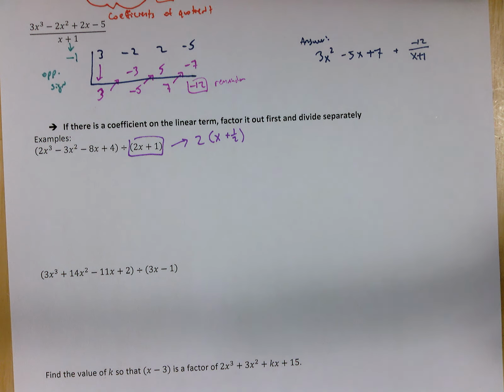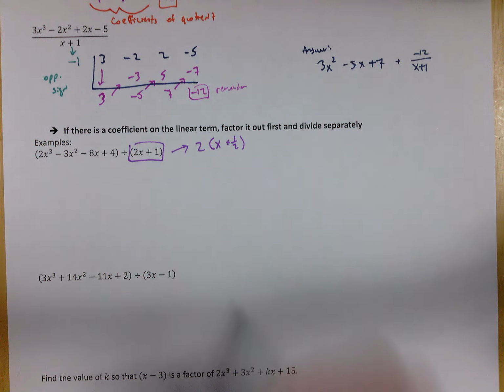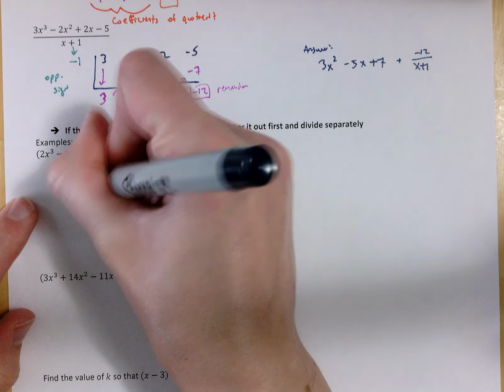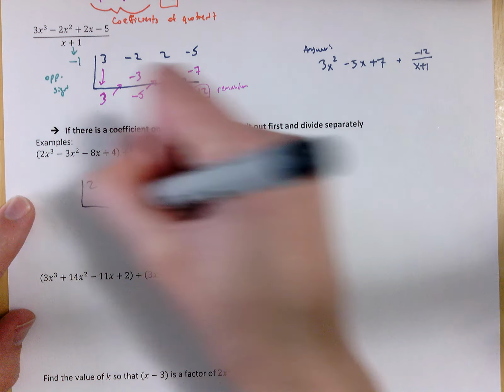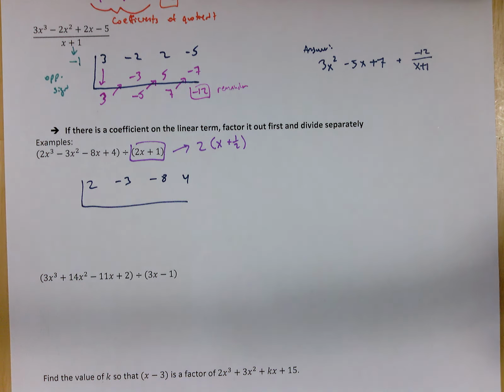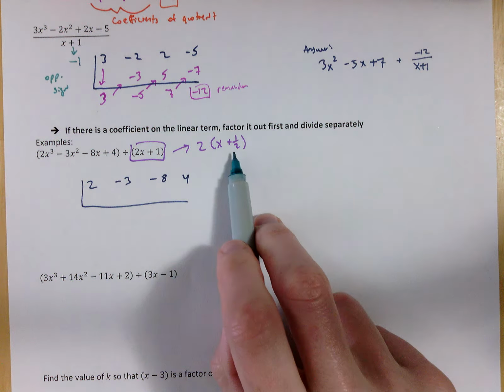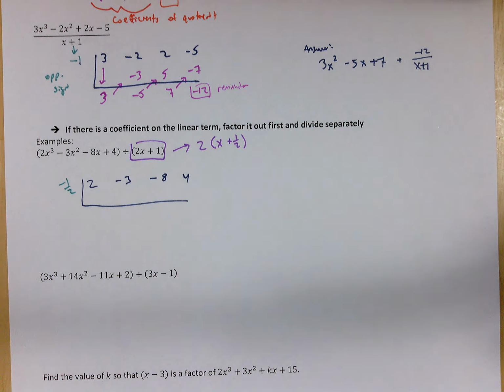We're going to set this up the same way that we've been doing. Coefficients on here, and again, double check to make sure that you are not missing any. So no zeros necessary. Remember, we're doing the opposite sign, so this is a positive 1/2, so I'm going to do negative 1/2. Then we're just following this process.